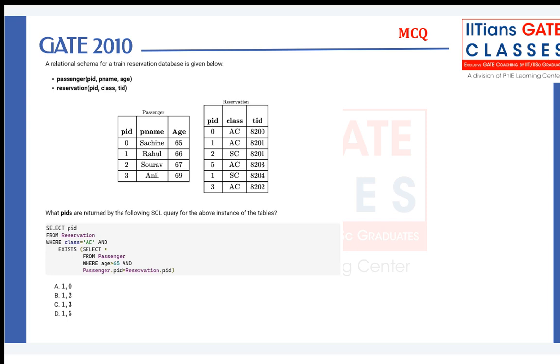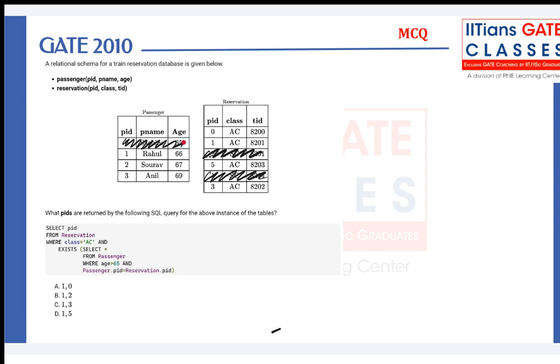Okay, so I have some answers. Everyone is saying C. Let's see. Select PID from reservation where class is AC. So you will not consider two rows, this one as well as this one, because they are not class AC, and exists, right? Select star from passenger where the age is greater than 65, which means you are excluding this row, and the passenger dot PID is equal to reservation dot PID.